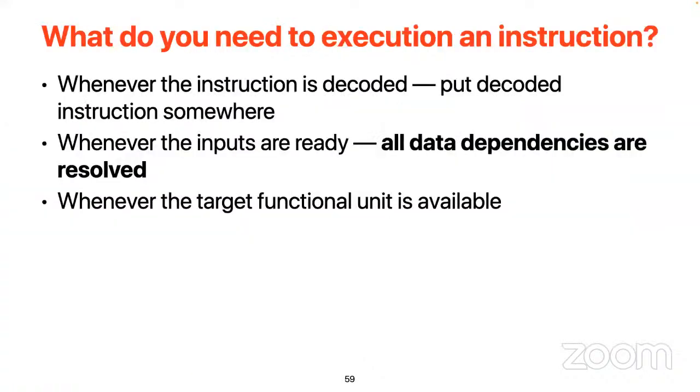So if you look at the policy of execution, whenever your inputs are ready, you should be able to put an instruction into execution. And whenever a functional unit is available, you should be able to execute the instruction. Whenever you know what you want the instruction to do, you should be able to execute the instruction. So if all these three things are satisfied, why not put the instruction into execution?